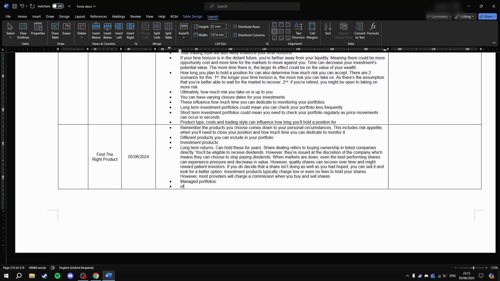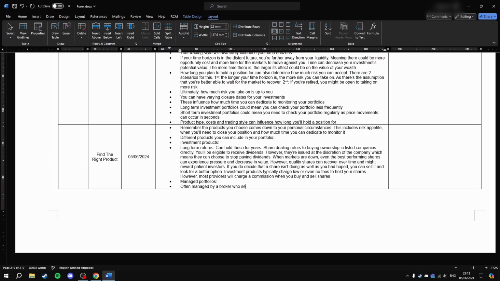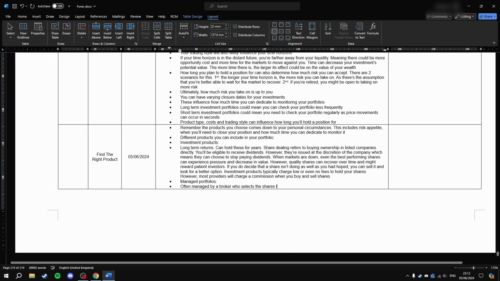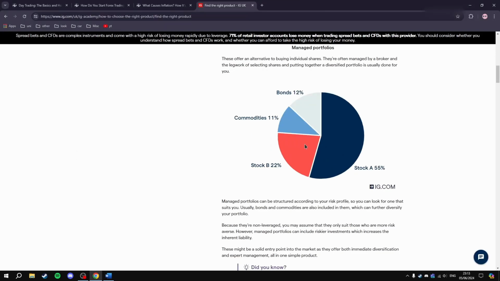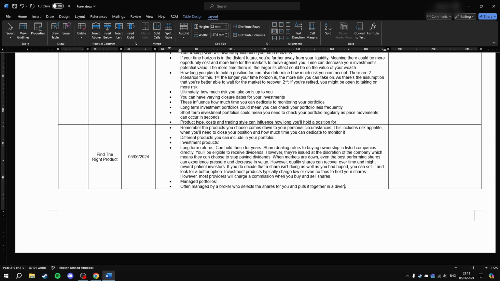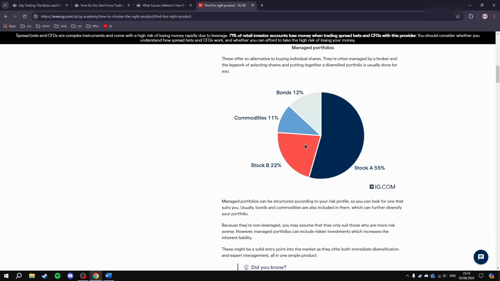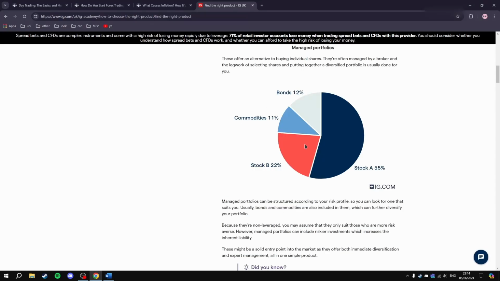So often managed by a broker who selects the shares for you and puts it together in a diversified portfolio. So bonds, commodities, stock A, stock B.